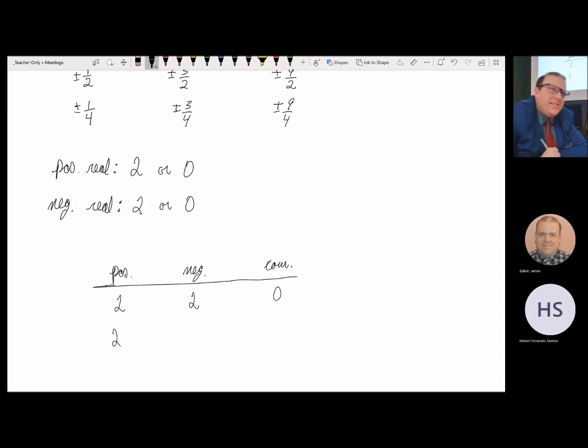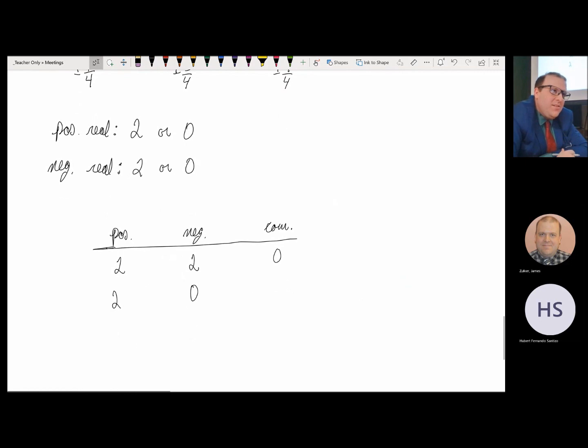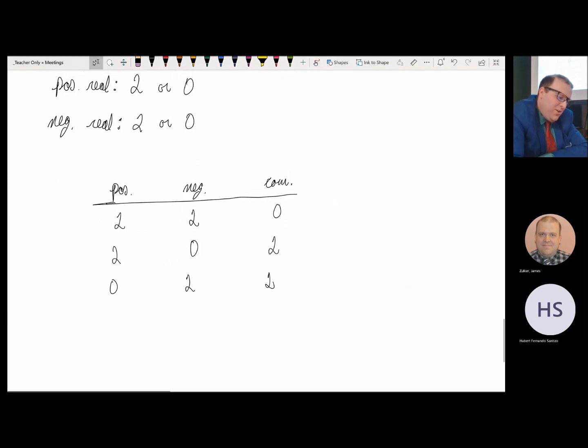We could have 2 positive, no negatives, and how many complex would we have? We could have no positive, 2 negative, and how many complex? We could have no positive, no negative, and then how many complex? Good. All of the numbers of complex zeros are even, which they have to be. That checks out.